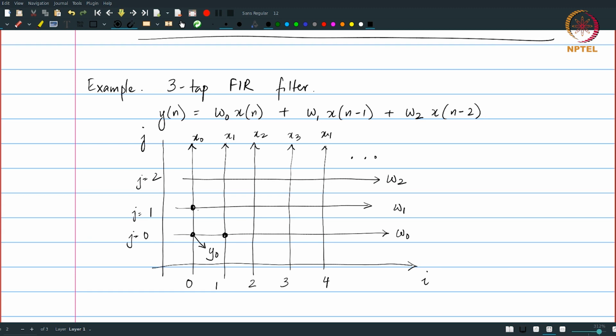What I need to do is compute both of those, that is w1 into x0 plus w0 into x1, and the corresponding output is the value y1. Similarly, w2 into x0 plus w1 into x1 plus w0 into x2 gives me y2. w2 into x1 plus w1 into x2 plus w0 into x3 gives me y3, and so on.